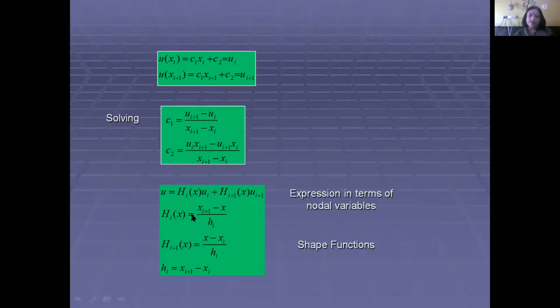Does this shape function Hi look familiar to you in any way from what we have been discussing so far? Have we looked at this kind of a function very recently? It's the average between 2 points.